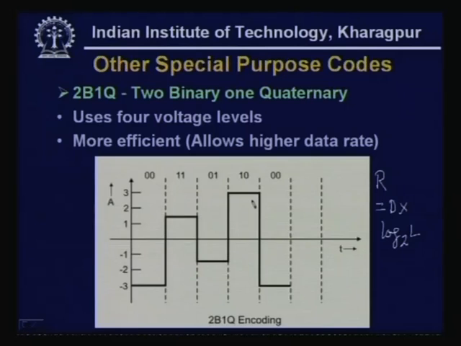However, because of the larger number of signal levels, it will be more prone to error. So, the signal to noise ratio of the medium has to be better, only then can this be used.